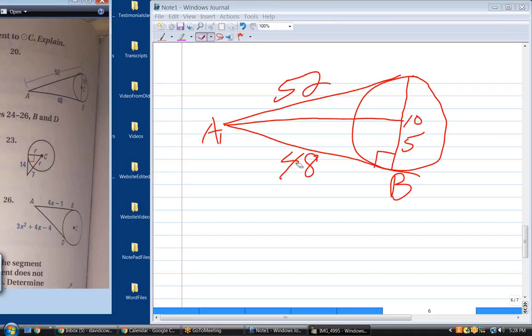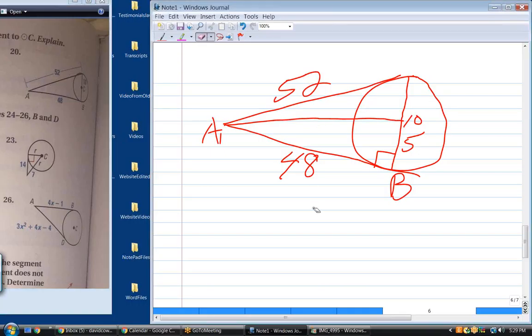And all I know is side 48 and side 5, but they haven't given us any information about what the distance of this middle line would be if I drew it. And from the way they've drawn this line, I can't even assume that it's 50, because I have no idea. That clearly doesn't look like it's tangent, but how far in it goes, I don't really know. So I can really determine nothing about the center line.